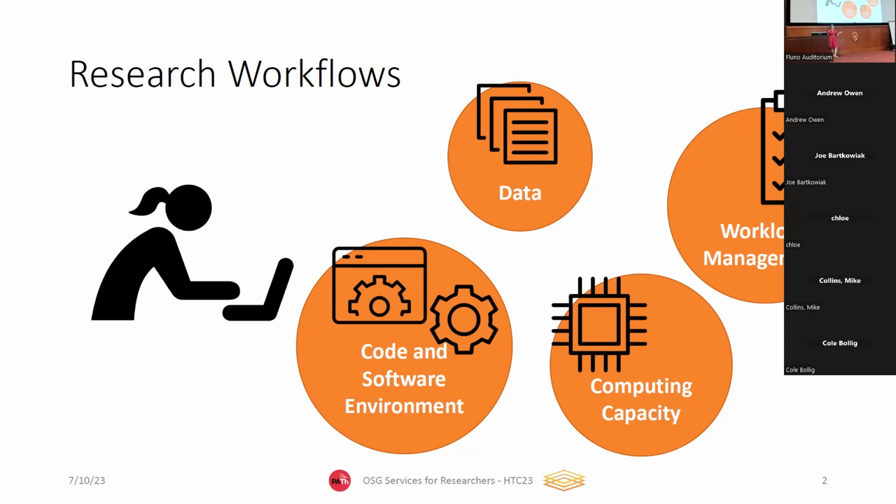These are the components of her workload that are going to need to be handled by OSG services: the code and software environment she's using on her laptop, the data she's using and how it's distributed, access to computing capacity to run this large scale workload, and a tool to manage what she's doing.